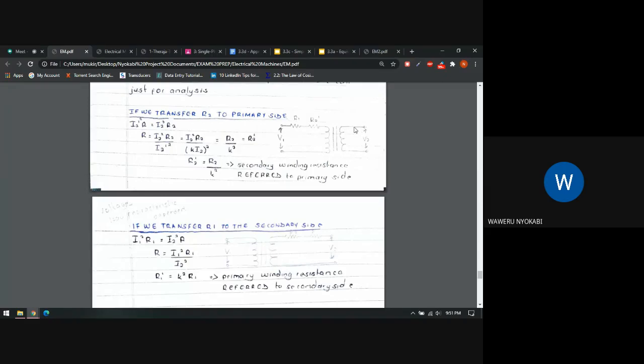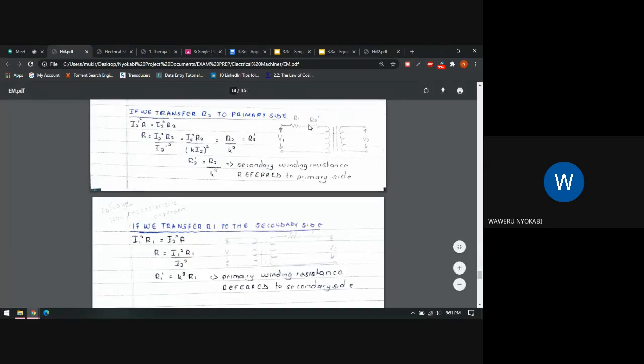If you bring R2 to this side, how are we going to get the actual value of R2 prime? Let me just explain. From what we know about the turns ratio, I2 prime squared R is equal to I2 squared R2.